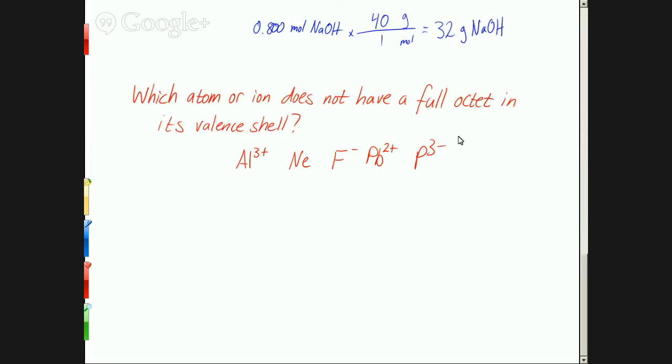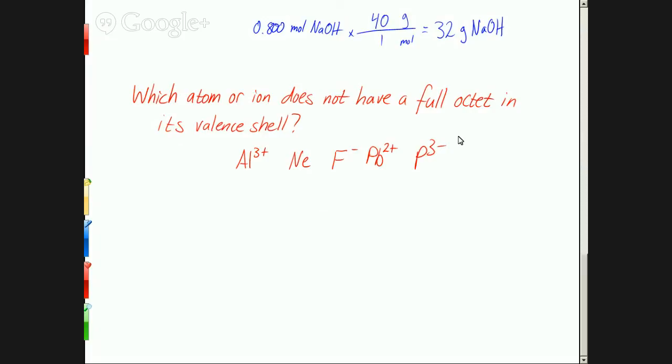Fluorine -1, so fluorine's got 7, but it's a -1, which means it's got 1 extra, so that gives it 8. That's a full octet. Lead is the answer, so we'll get to that in a second. Phosphorus 3-, phosphorus has 5, but if it's 3-, that means it has 3 extra, so that's 8. So that has a full octet. Right, 5 plus 3 is 8.